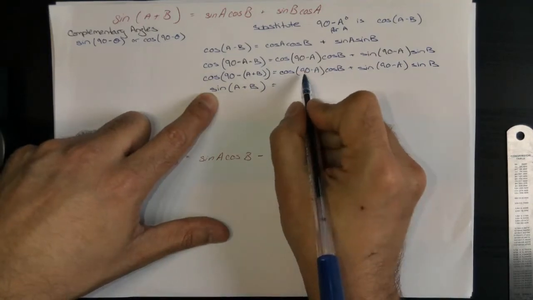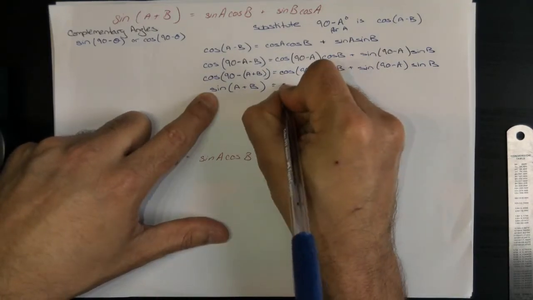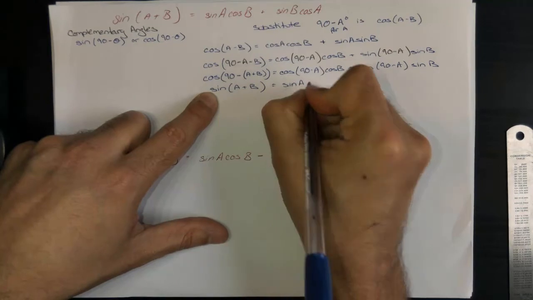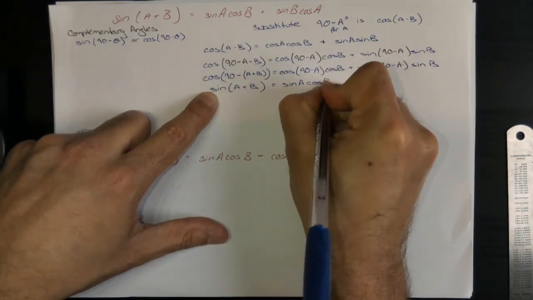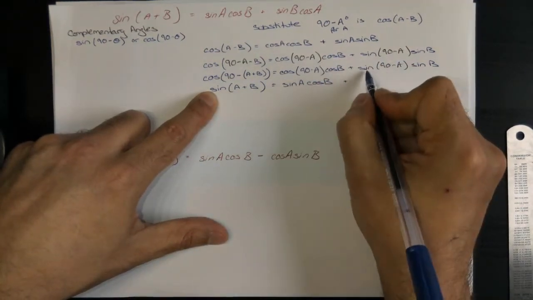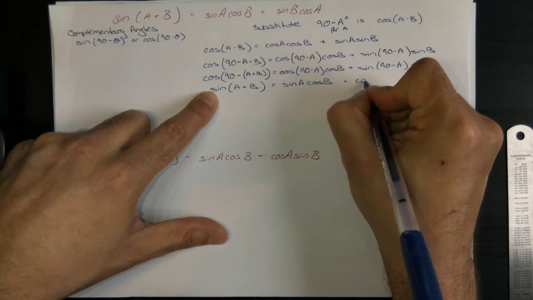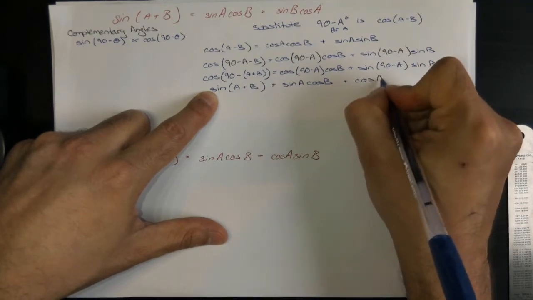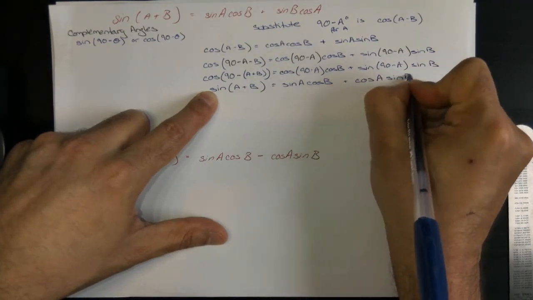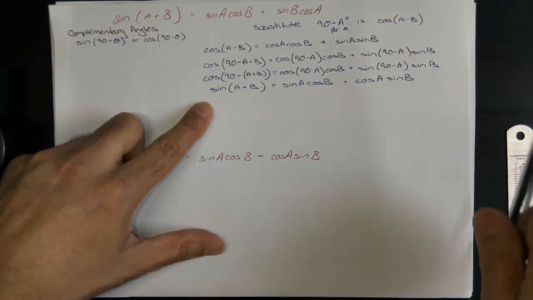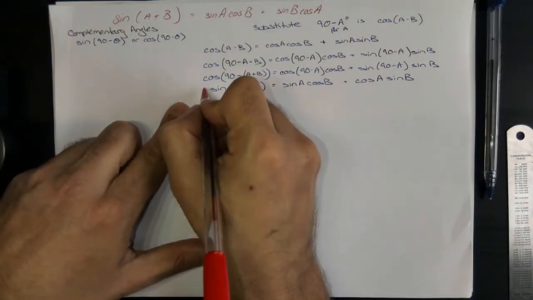So cos 90 minus A, well, that's just going to be sine A. And then sine 90 minus A, well, that's going to be cos A. And that's our third identity.